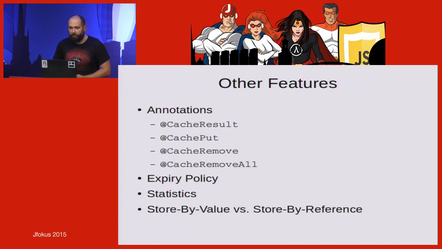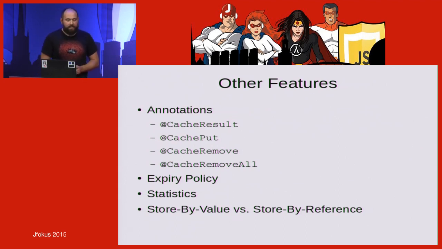So if you have some slow service, you can declaratively say, cache me the results. The good thing is that now we have these annotations as a part of the spec. Because, for example, Spring used to have and still has its own annotations, but these days Spring supports both: its own Spring-specific annotations and these annotations as well.